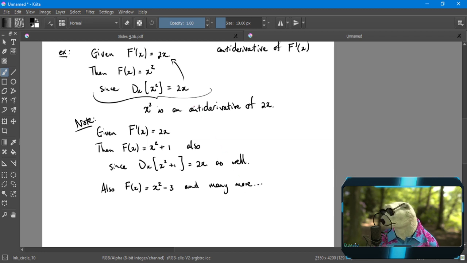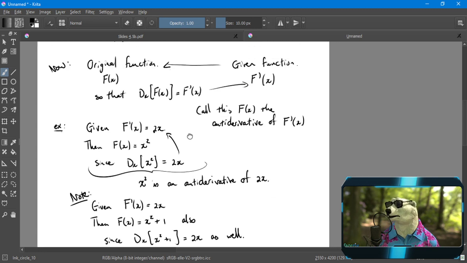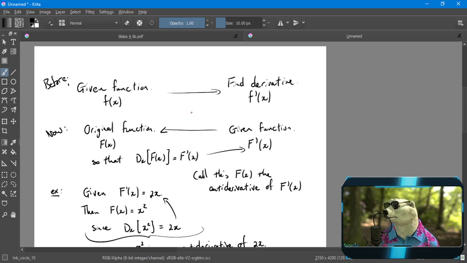So if I go back up here to the top of the page, the derivative question, given a function, find its derivative, is unique in its answer. There's only one derivative given the function.